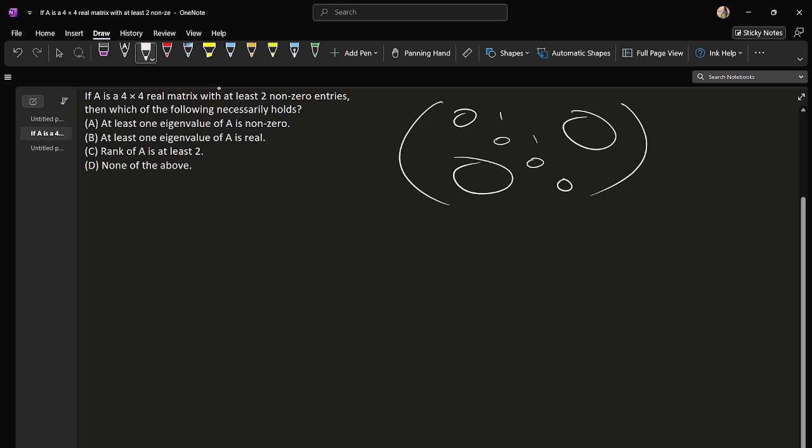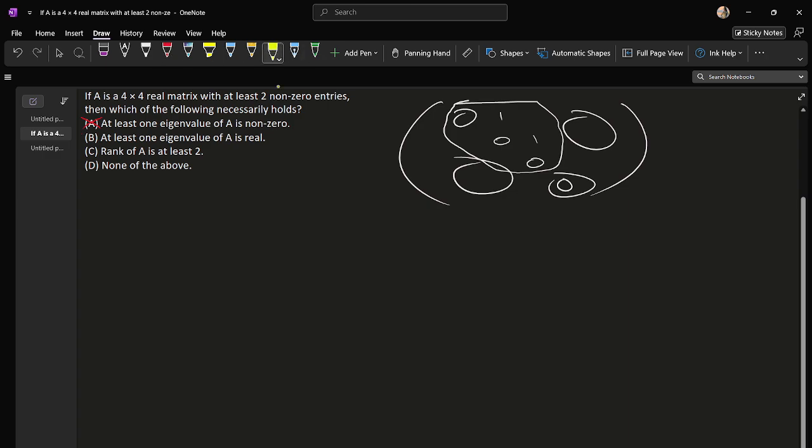Then we can see that this is a Jordan block of order 3 where our eigenvalues are 0, and there is also a 0 eigenvalue, so all the eigenvalues of this matrix will be 0. So our option A can be cancelled out. So we have to think about our option B, which is telling us that at least one eigenvalue of A is real.